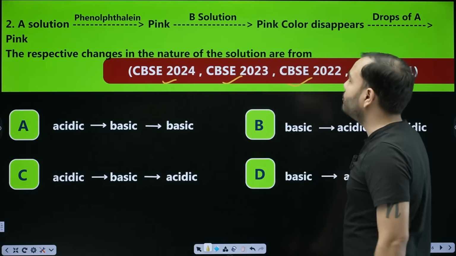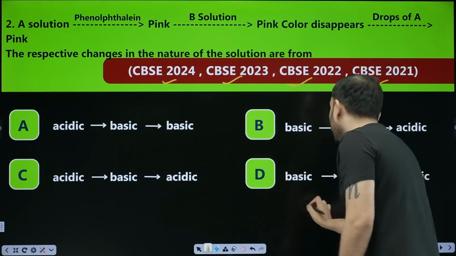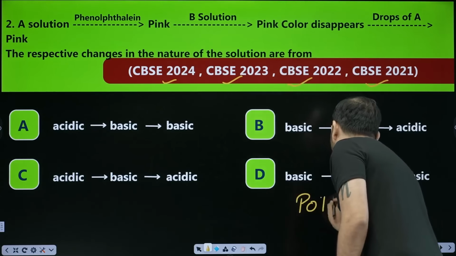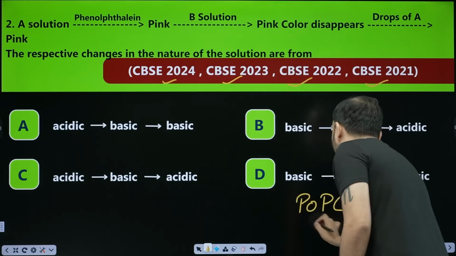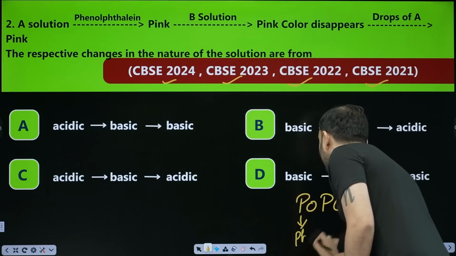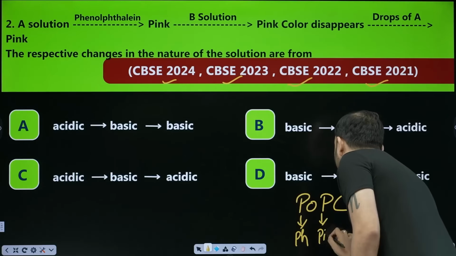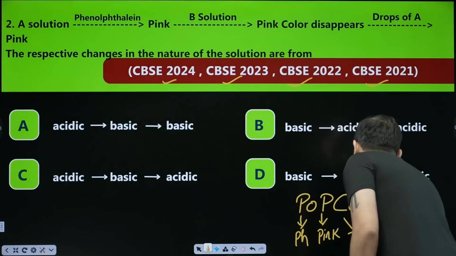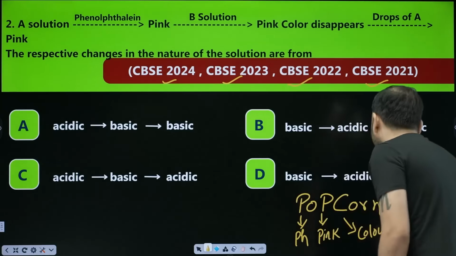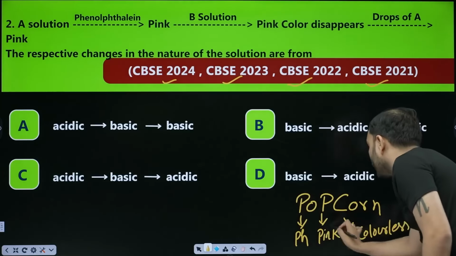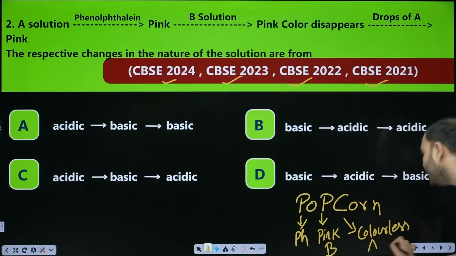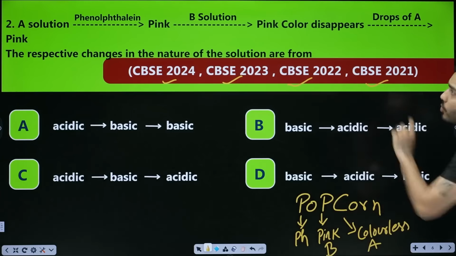So, it has phenolphthalein again, right? I will write popcorn. P means phenolphthalein, this P means pink and this C means colorless. First comes base and then comes acid. So this becomes our base and this is my acid. See, it first turned pink.